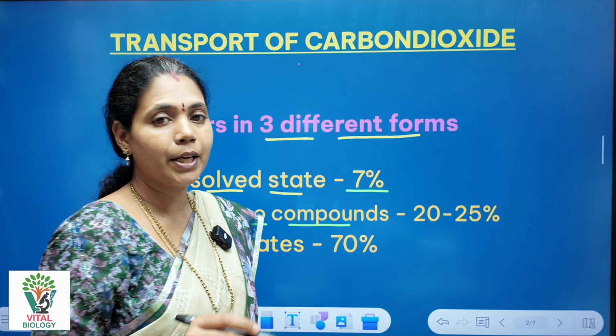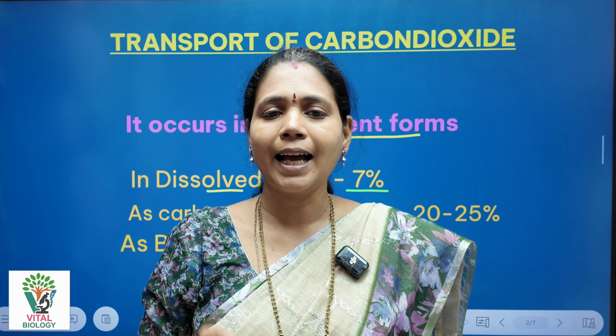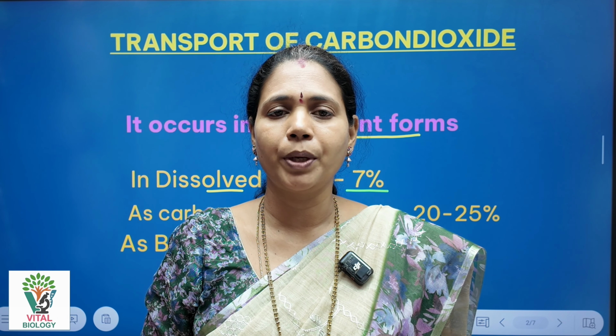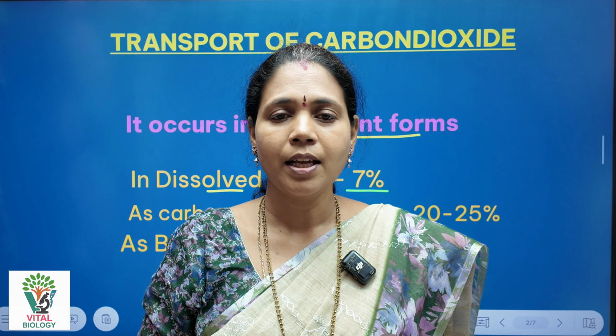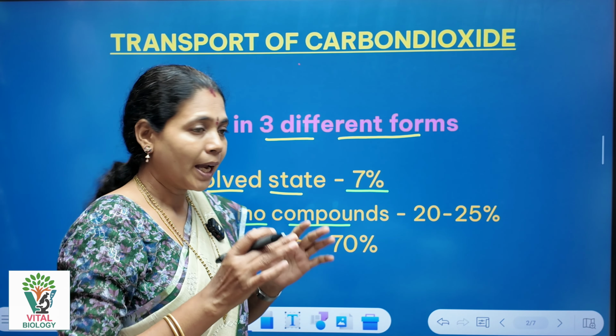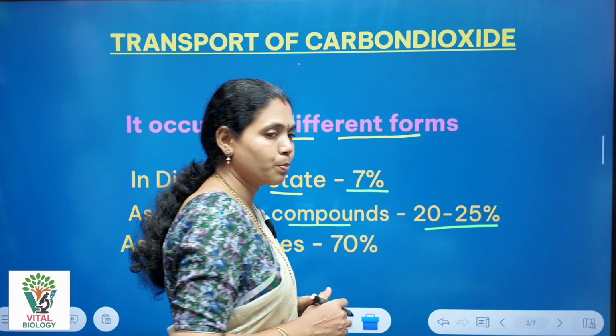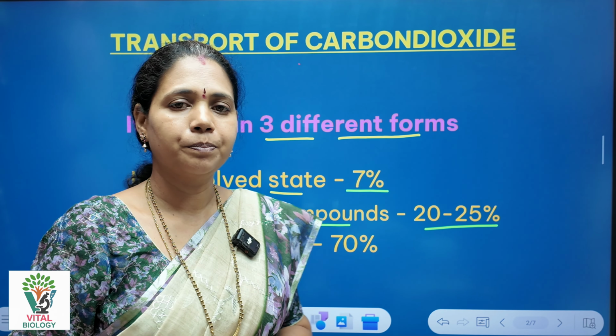That means some amount of the carbon dioxide can bind with the haemoglobin which is there in the RBC and form a compound called the carbamino compound. And about 20 to 25% can be transported in that particular form.